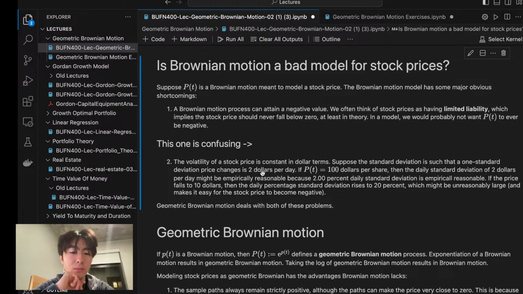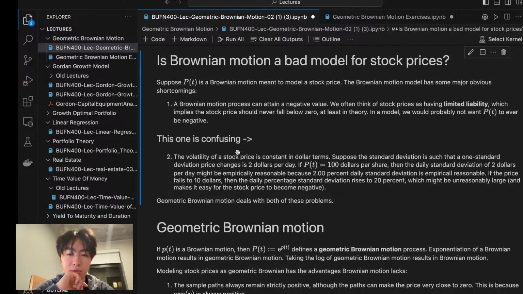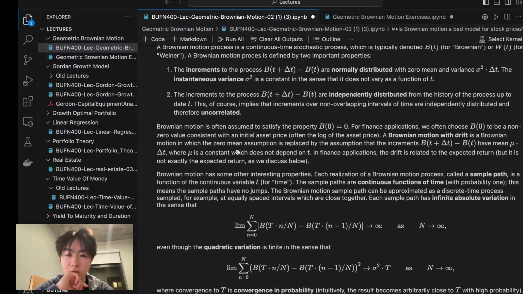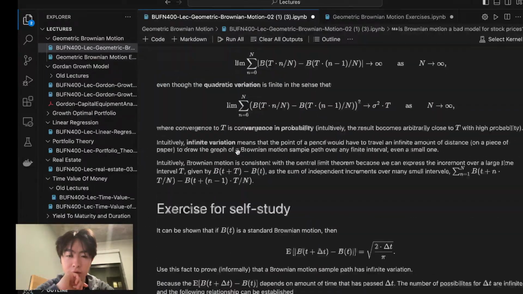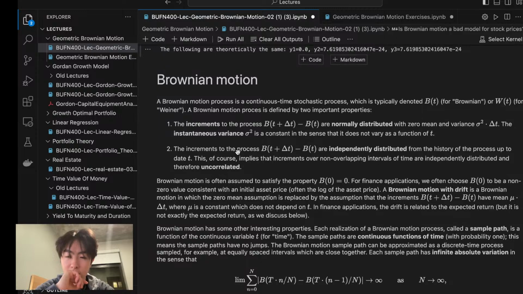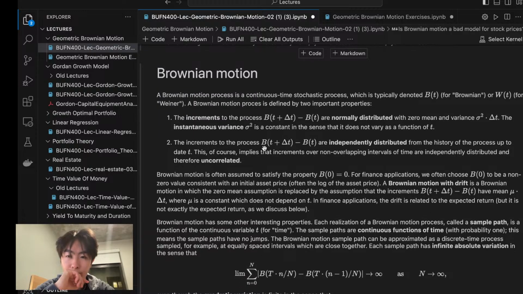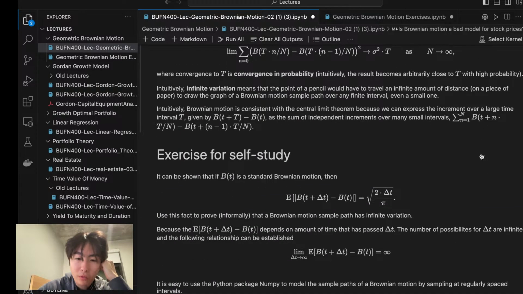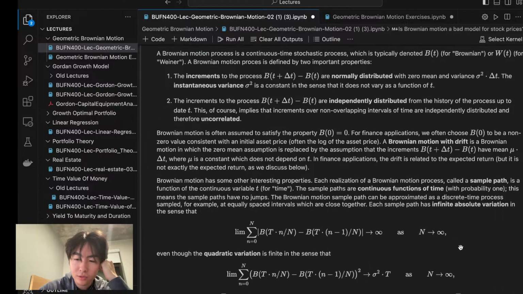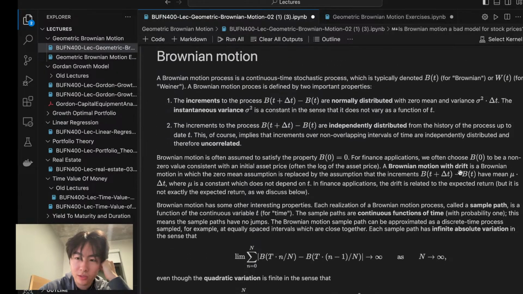So I don't know why the volatility of stock price is constant in dollar terms, because we had defined the Brownian motion as having a variance sigma squared times delta t, where sigma squared should represent some percentage, right? Not an actual dollar amount.